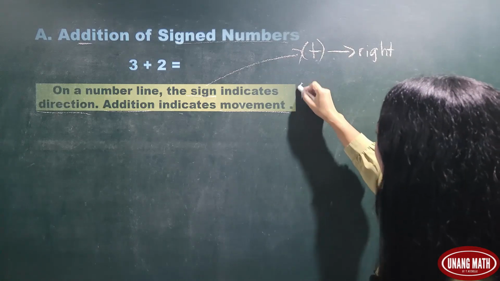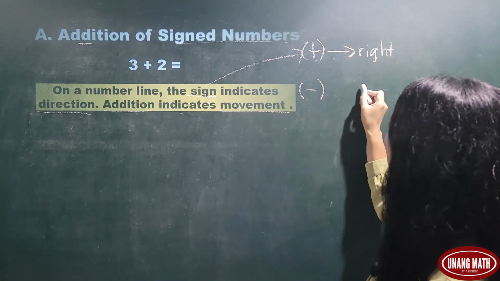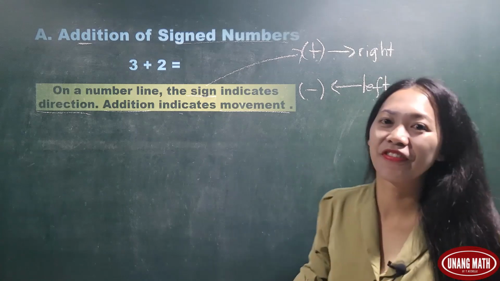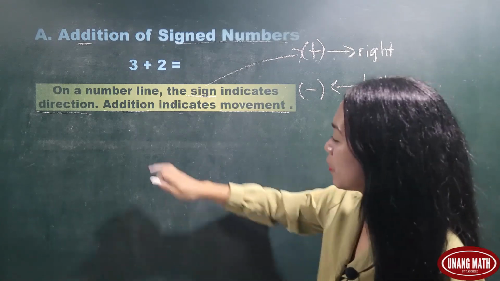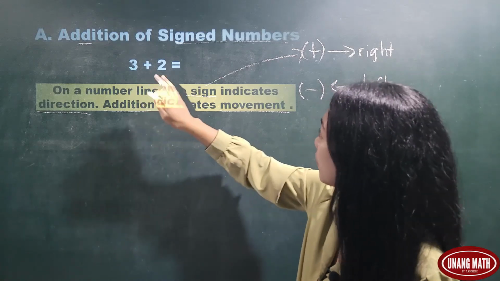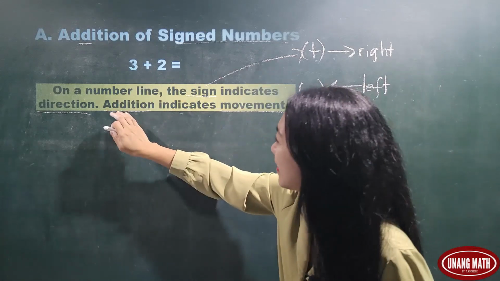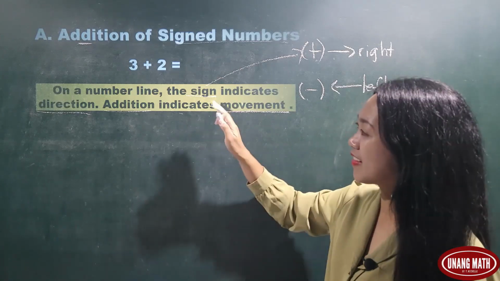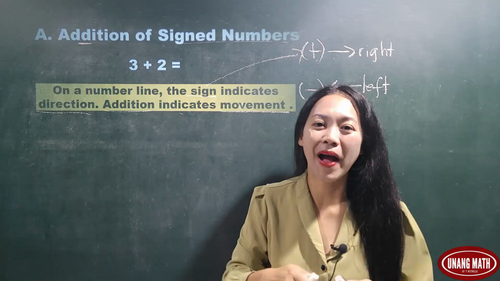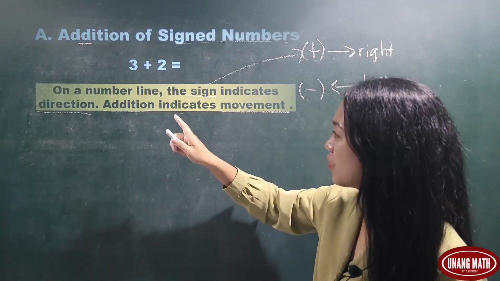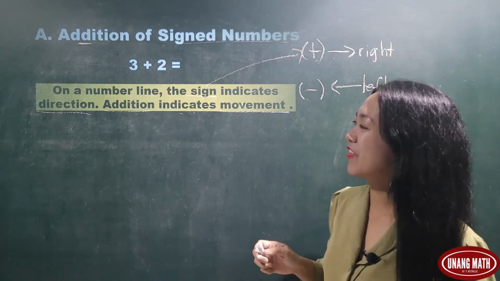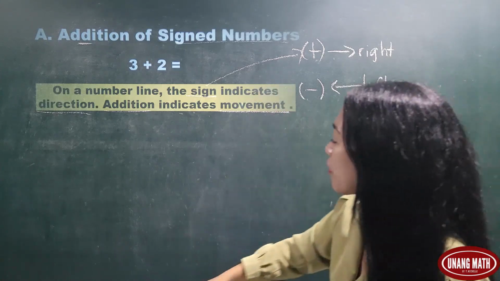But if the sign is negative, we need to move to the left. Also, remember that in addition of sign numbers, addition indicates movement. It doesn't mean that we need to combine the numbers.